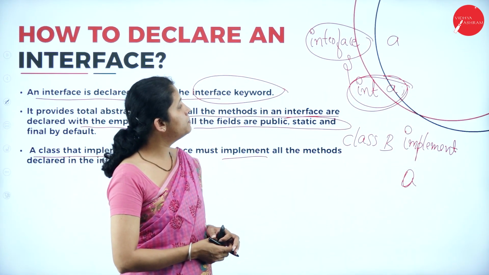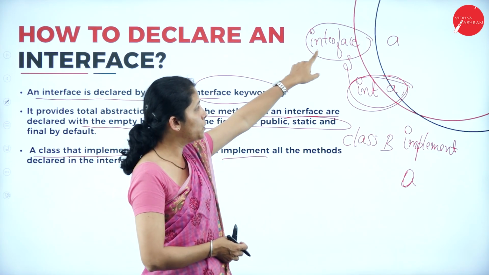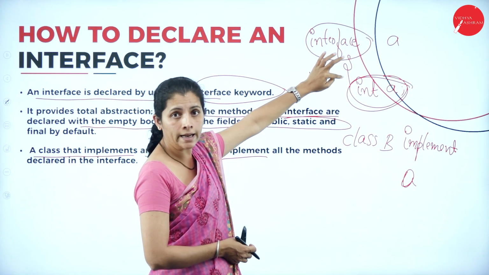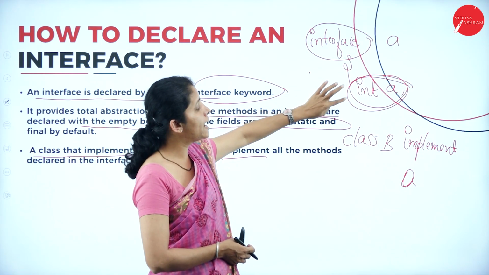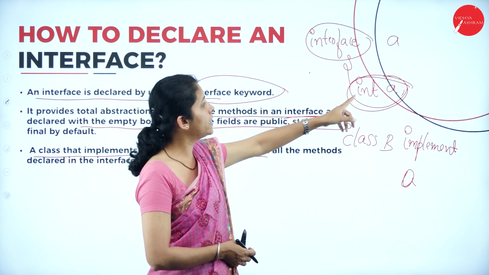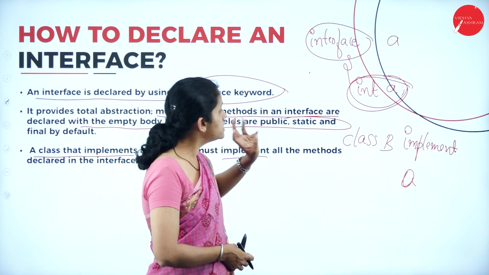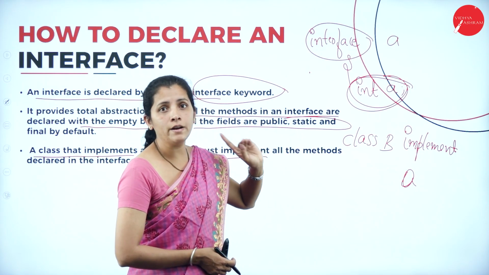So dear student, please make a note here. I am going to use the interface keyword. Then I am going to declare fields as well as methods. And what kind of fields can I declare? That is static, public and final.